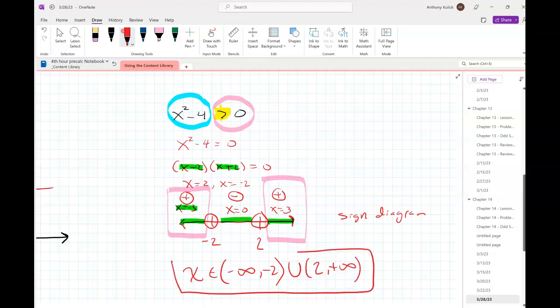Notice I used parentheses the whole way through because I used open circles at -2 and +2. And infinities always get a parenthesis. That feel okay there? Let's do another.